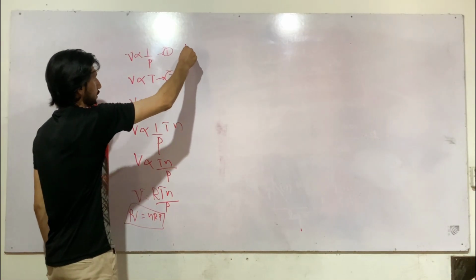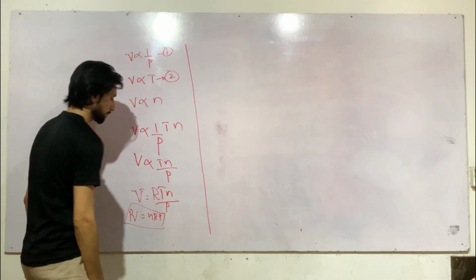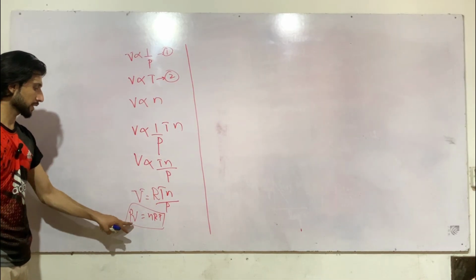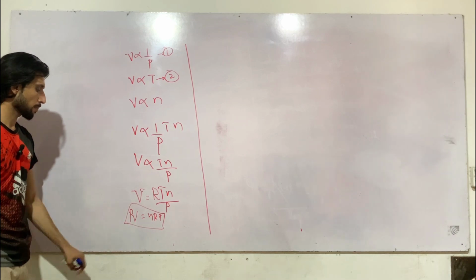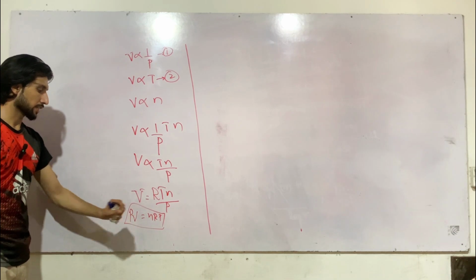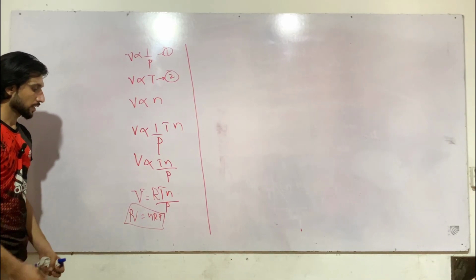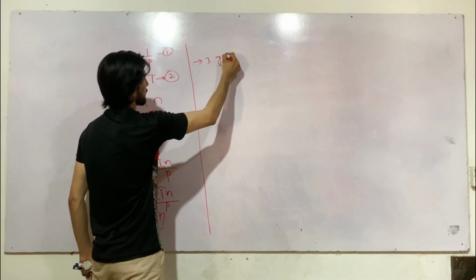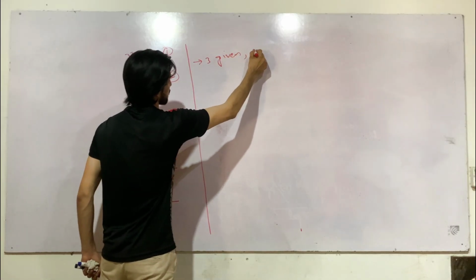So we will go to the detail of R, but later. First of all, what can I do? I can find different things with the help of this. If I know pressure, volume, and temperature, I can find the number of moles. If 3 of them are given, I can find the 4th one.